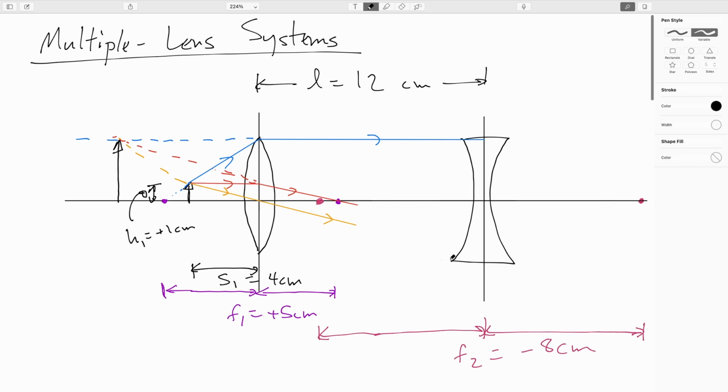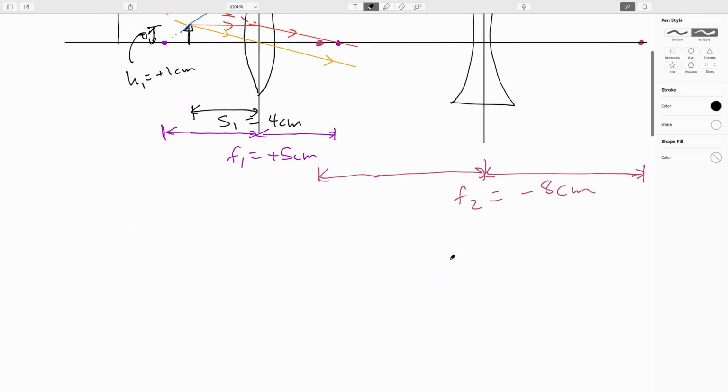All right, but let's go ahead and calculate where it's going to be. We can start with the most useful equation in optics, 1 over s plus 1 over s prime equals 1 over f.